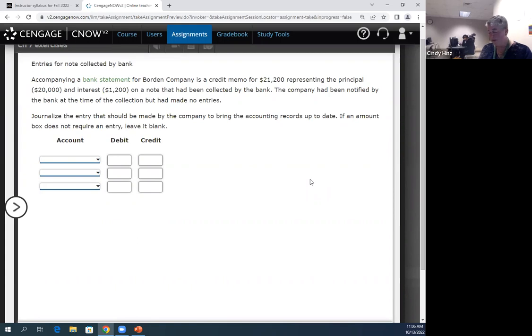One last note before we get to this. I said that notes receivable usually have a longer duration or maturity than accounts receivable. We negotiate longer time to pay. And so what that means is sometimes notes might not be due for more than 1 year.